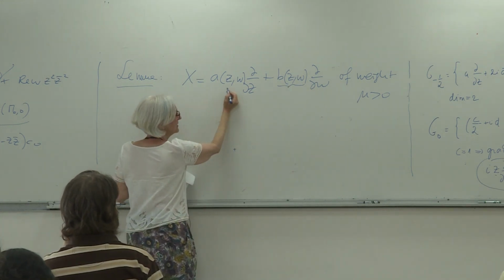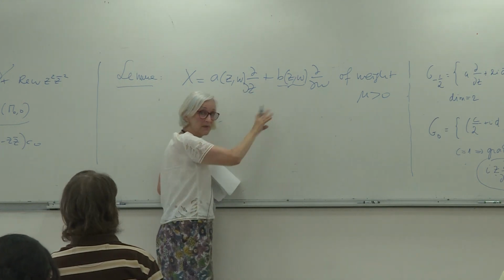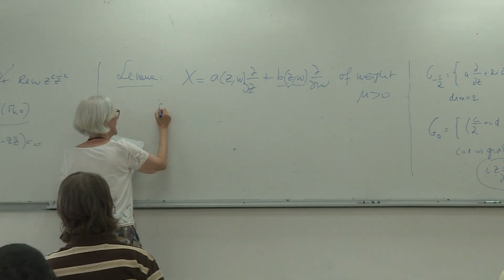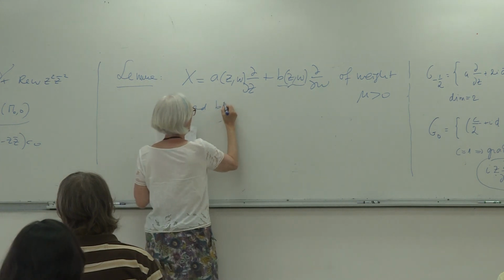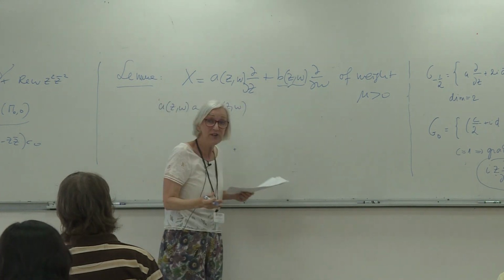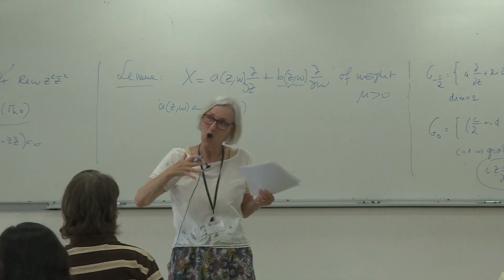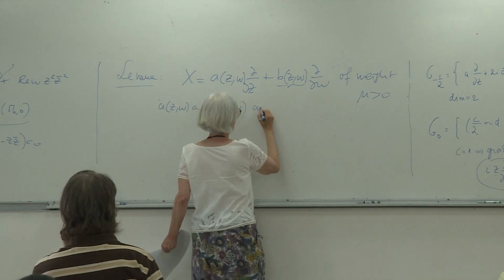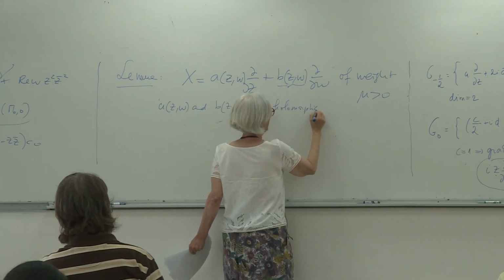And this guy has to be of weight mu plus 1 over 2, since you differentiate. And sure, A of ZW and B of ZW, they are holomorphic polynomial. Because you take the weight, it means that you don't have to care about holomorphic functions, just polynomials.